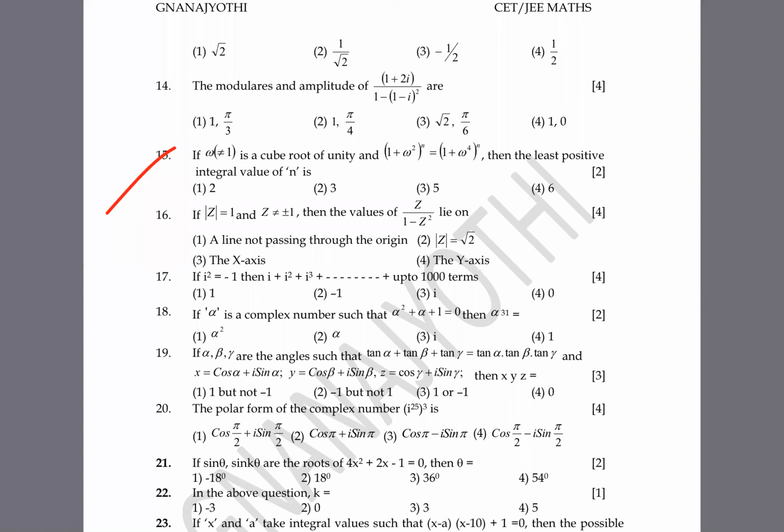Completed? Yes. Before solving this question, I can say some of the important points about omega. What is meant by omega? Cube roots of unity.